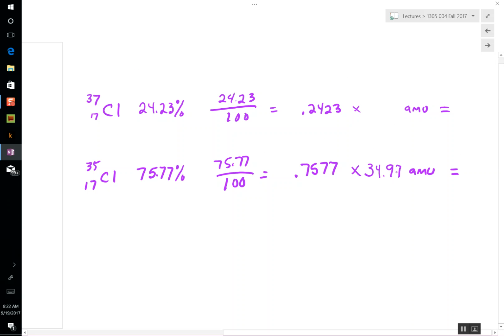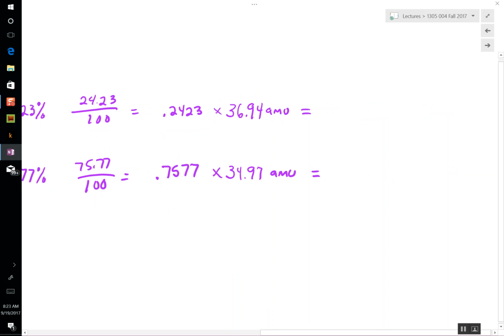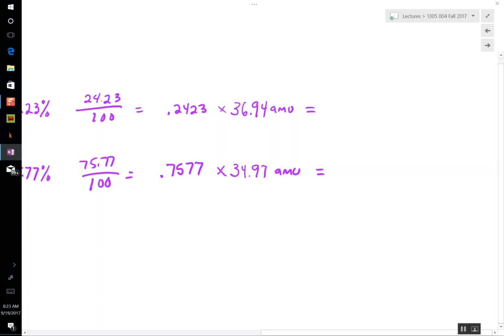So what's this one up here? 0.94? Yes, very good. I should have just kept them in the order they had them. Yes, round it off to 4 significant figures. You're doing a multiplication, and each of these has 4 significant figures in it.